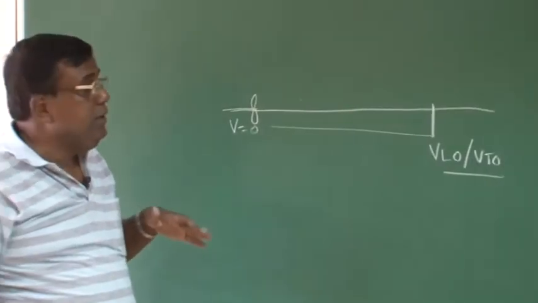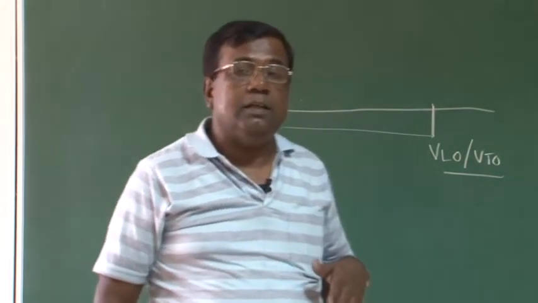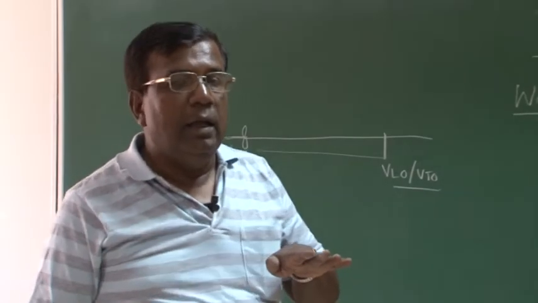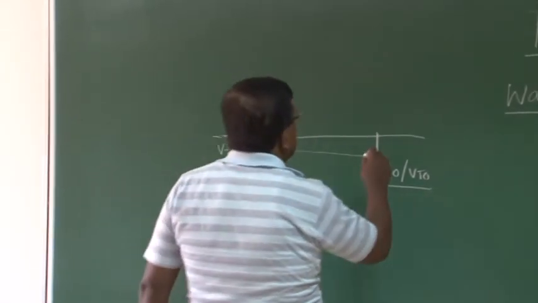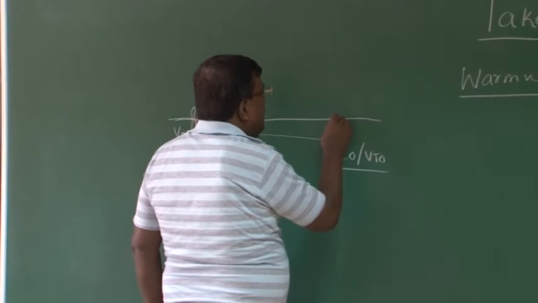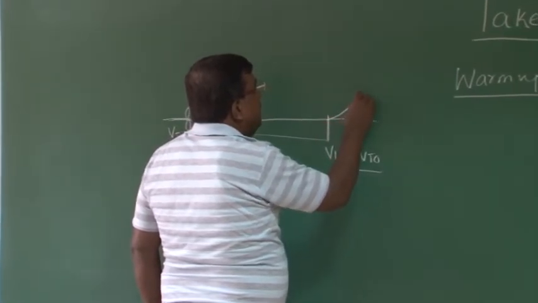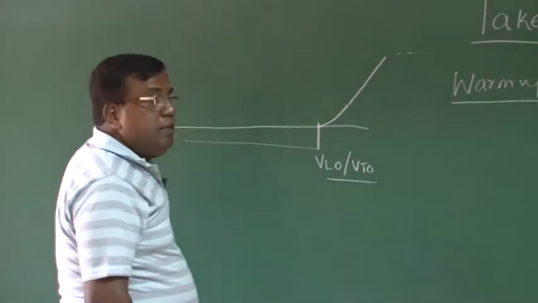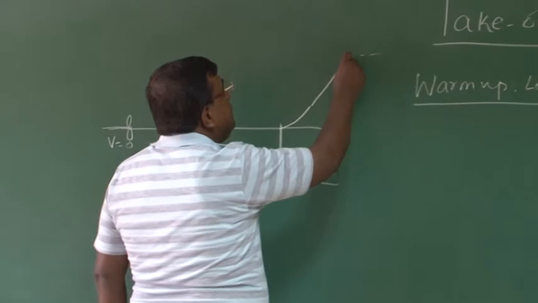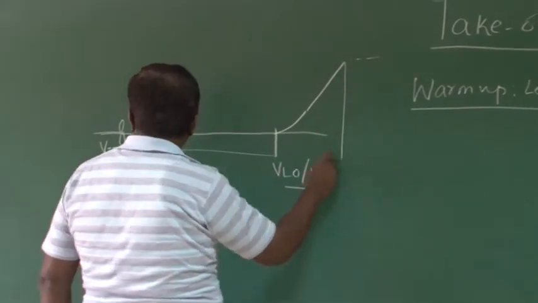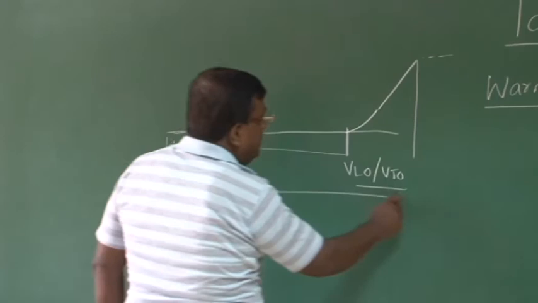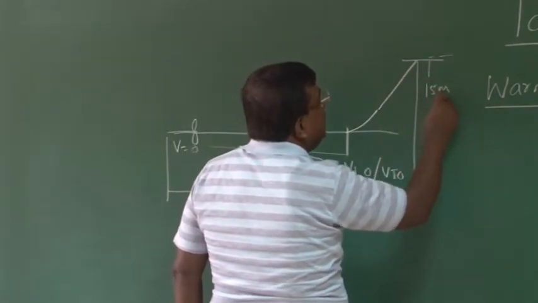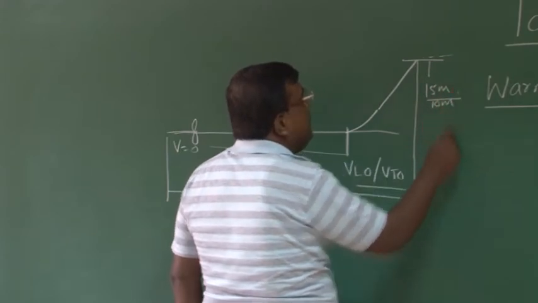That is the speed at which I should be able to generate enough lift by rotating the airplane by a small angle, and I should be able to climb. That is, I come here, I rotate the airplane and then climb and then do whatever I want to do. Theoretically speaking, takeoff distance is defined as from the start to a point where the airplane has cleared 15 meter or 10 meter depending upon the type of airplane.